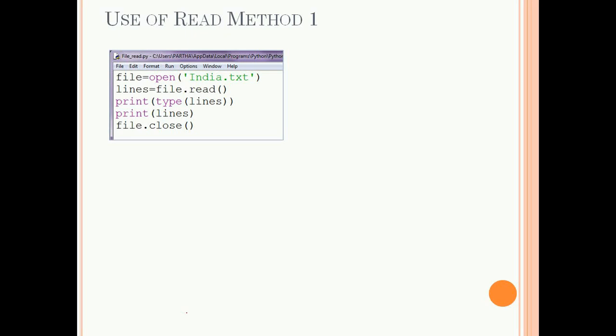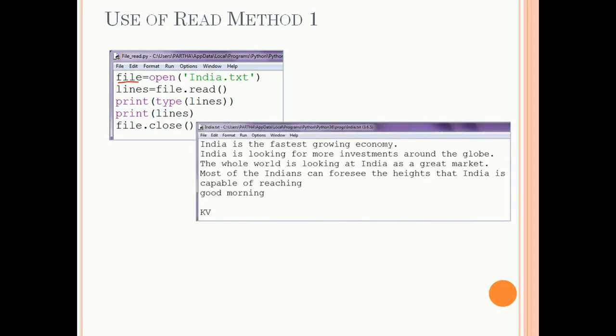Now, using some small programs, I shall explain the read method, readline method and readlines method. In this program, in the first line, I am opening the india.txt file and using the file object, I shall read the text file india.txt. This is the text file india.txt and I am going to read it.